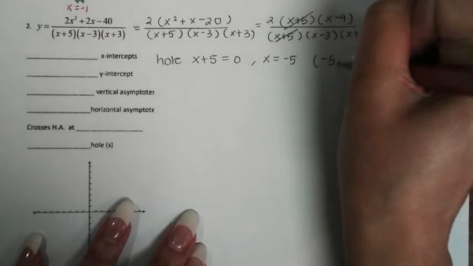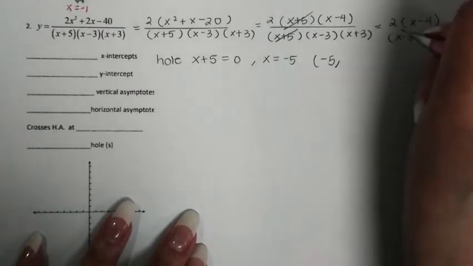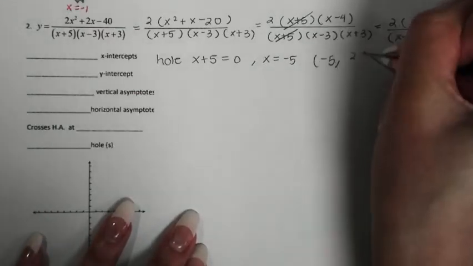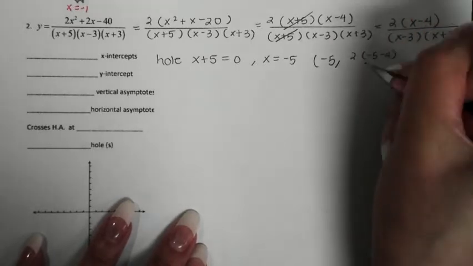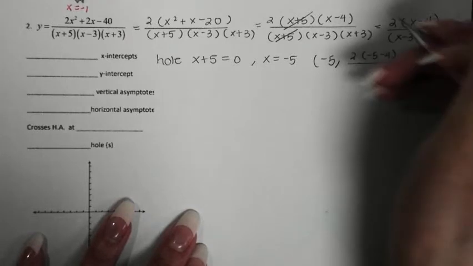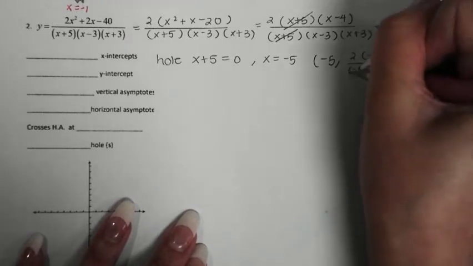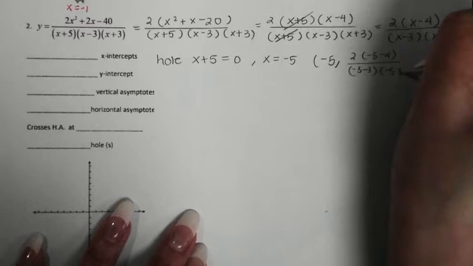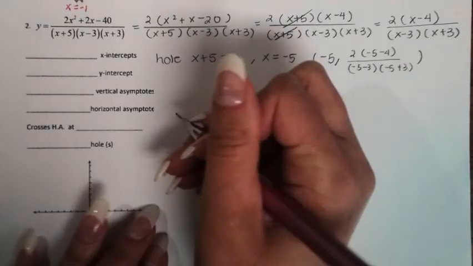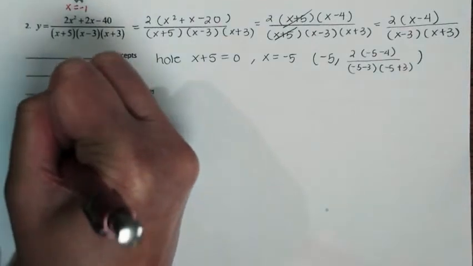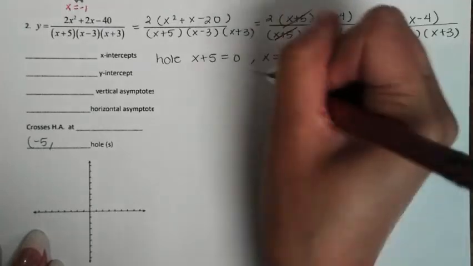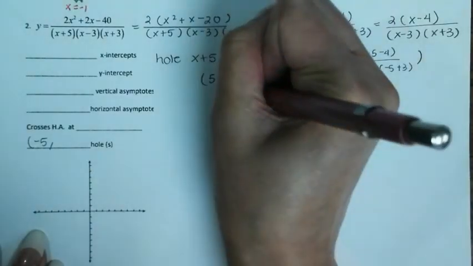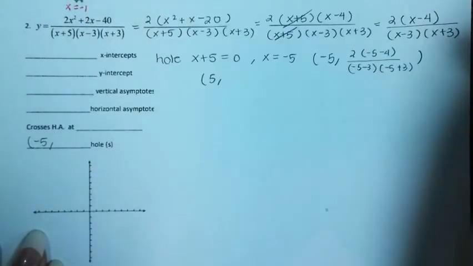Okay, since you have the hole at negative 5, what you're going to do here is you're going to plug negative 5 into your equation here. Okay, so you have that it's going to be negative 5 minus 3 times negative 5 plus 3. Okay, so you have that situation. Okay, I'm going to put it here, negative 5, and then let me rewrite it here because I think we're going to simplify it a little bit more.